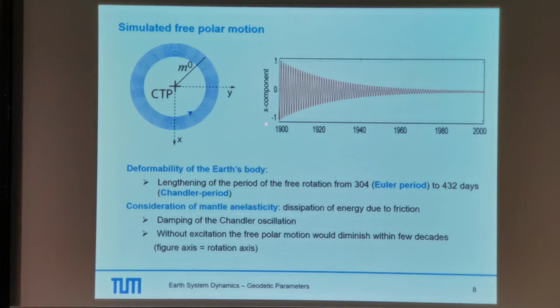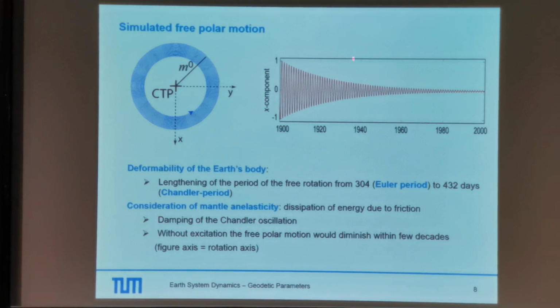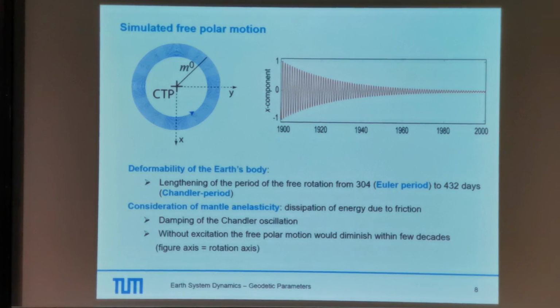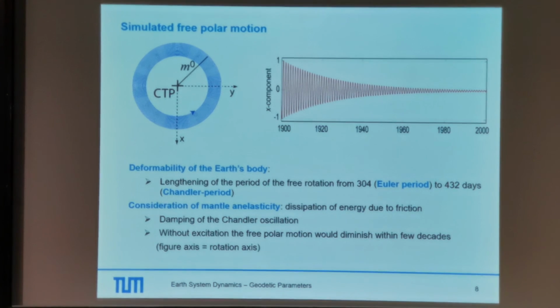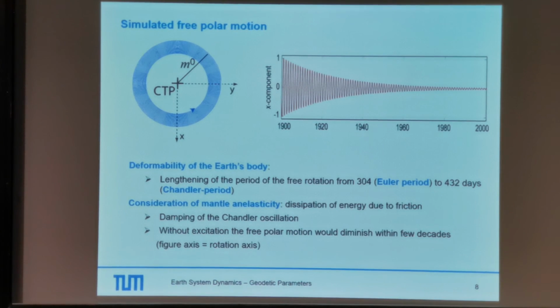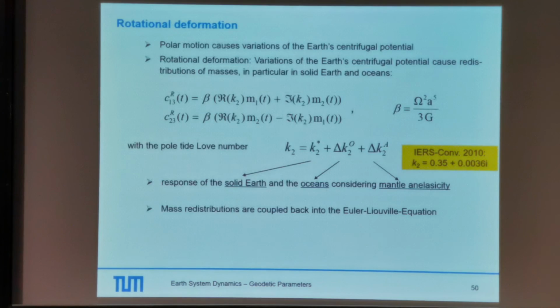As you see here, after a couple of decades, the amplitude is really, really small, which means, in fact, that the figure axis is equal to the rotation axis after, let's say, 60, 70, or 100 years. But this is for sure not the case, since we know from observations, let's see if I find it again.